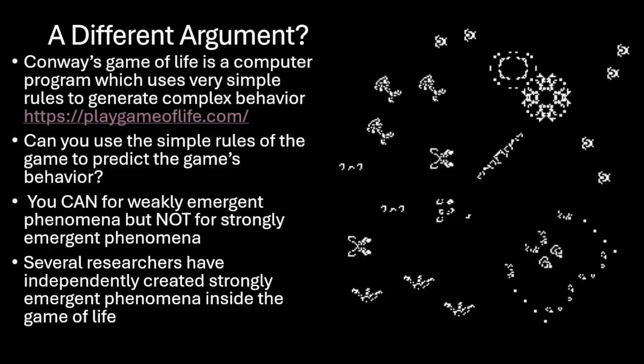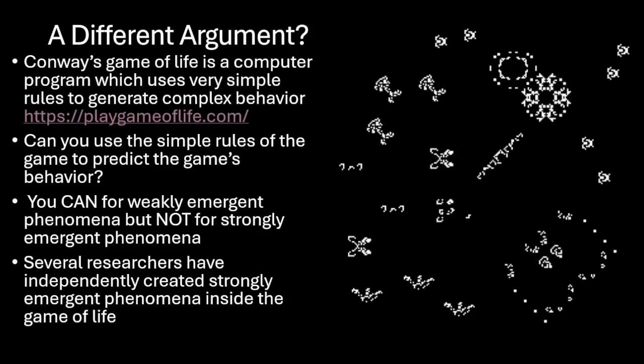And what's amazing is that several researchers have independently created strongly emergent phenomena inside the game of life. What that means is that if you were to use the basic rules to predict what's going to happen, you would get the wrong result. The reason is that these larger structures are having an influence on the smaller cells.